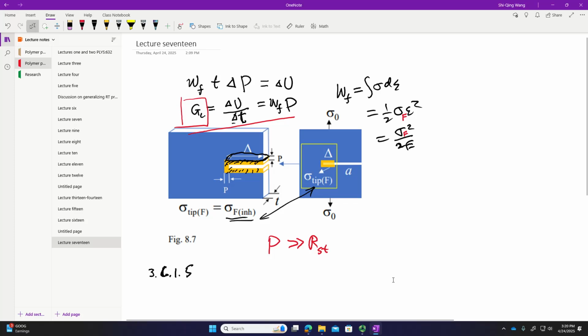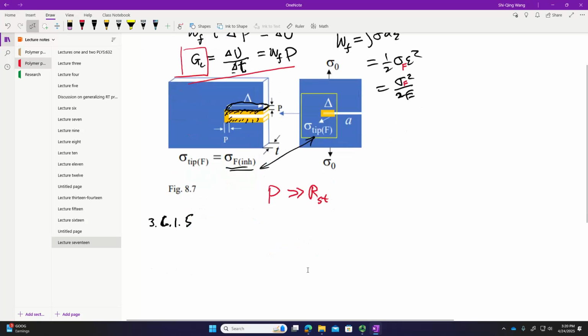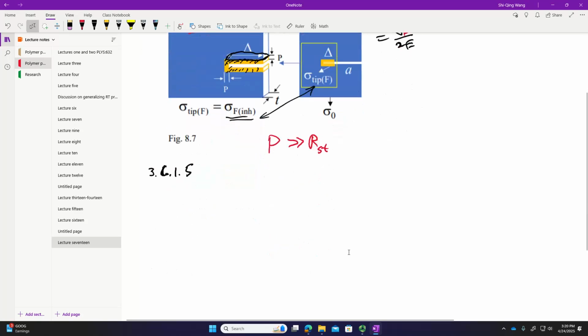This is a crucial part of the discussion in fracture mechanics in some sense. And there I will be very brief, however.